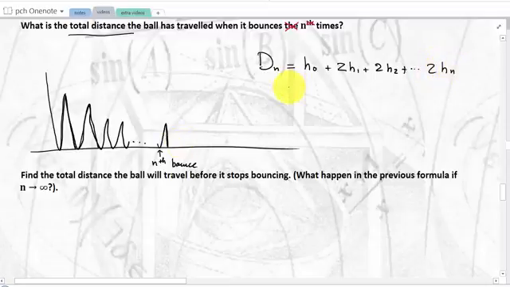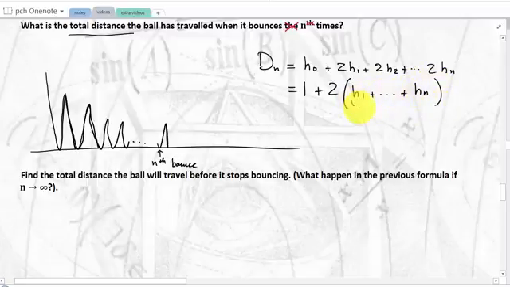So I'm going to write that as 1 plus 2, and here I'm going to factor the 2, and I have h1 plus ... plus hn, and this is what we've been calling Sn, right?